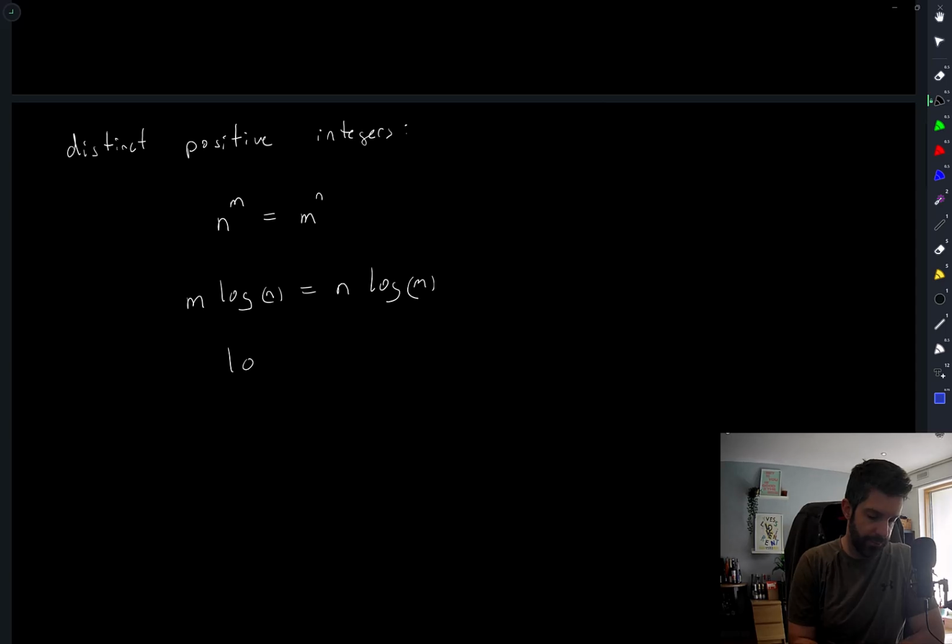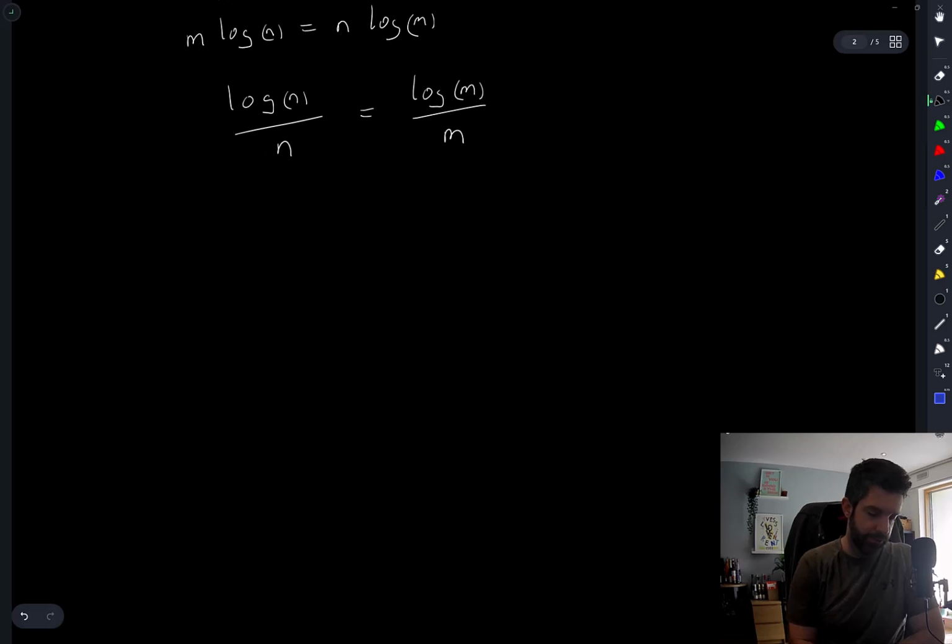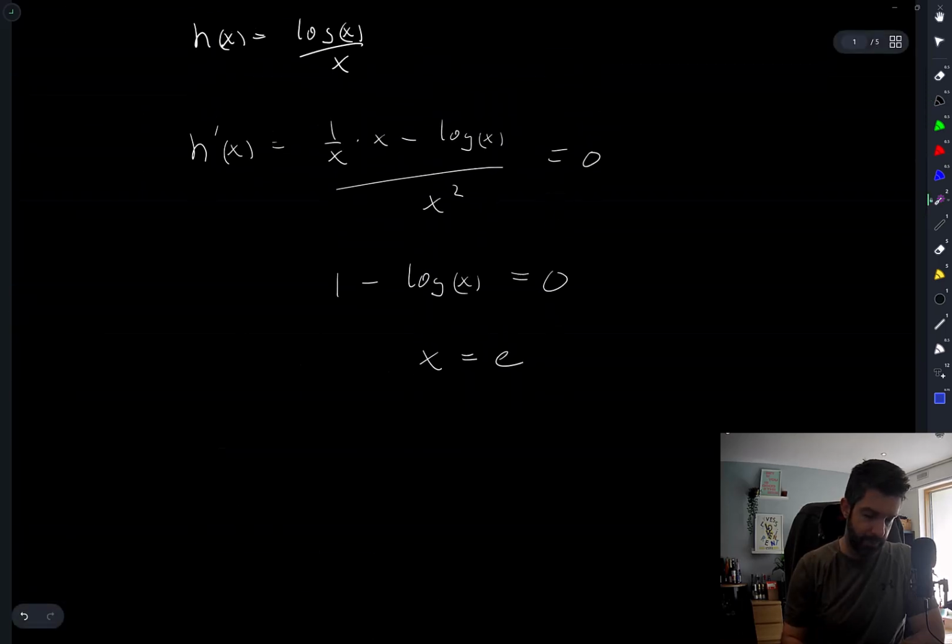So I can divide by m times n. Log n over n is equal to log m over m. But this says that h of n is equal to h of m.